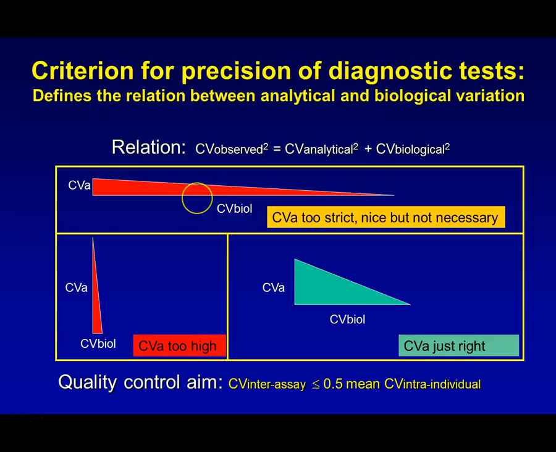There should be an optimum, and the quality control aim is that the inter-assay variation is at most 0.5 times the mean intra-individual variation.